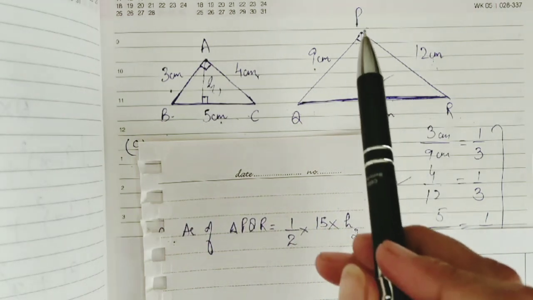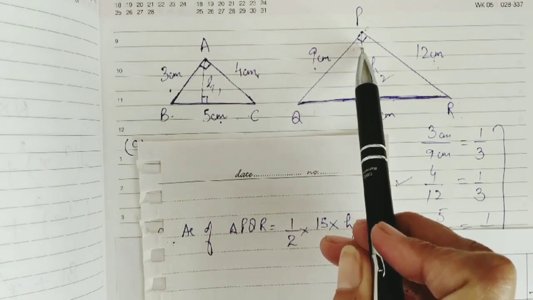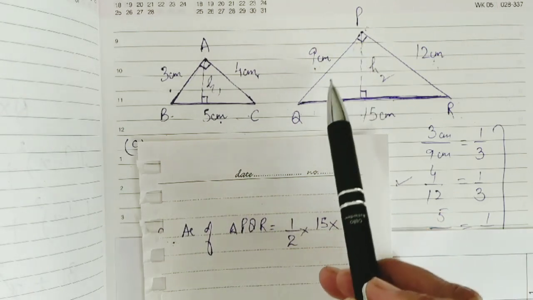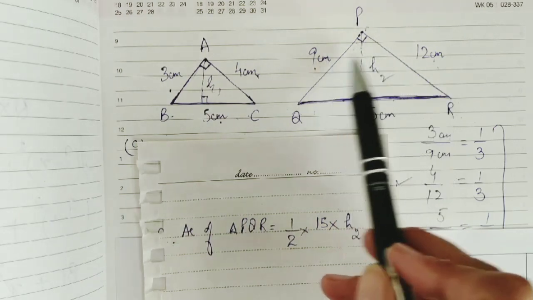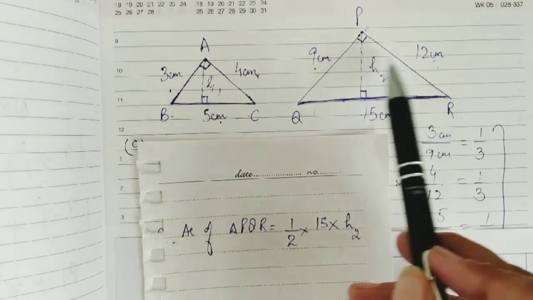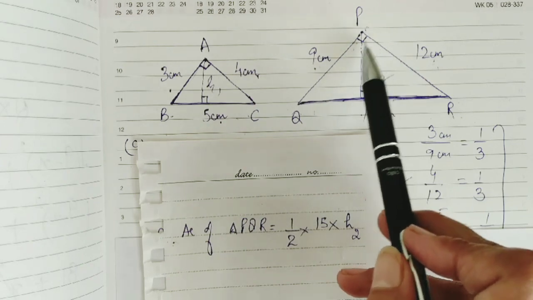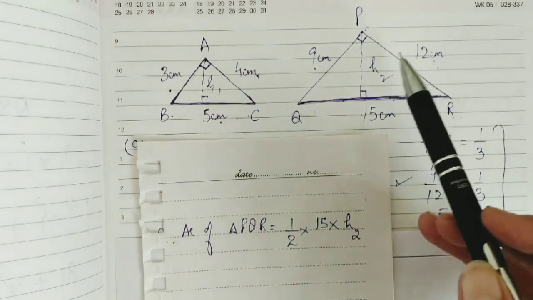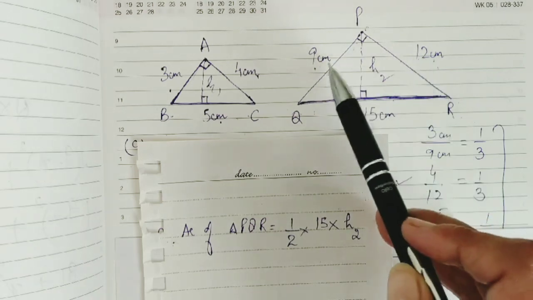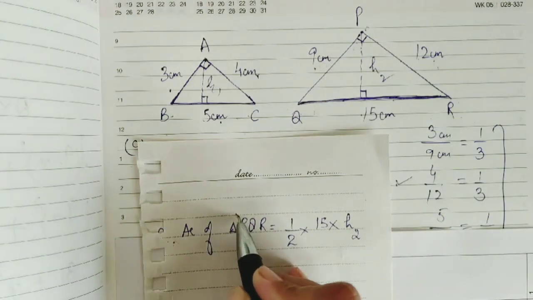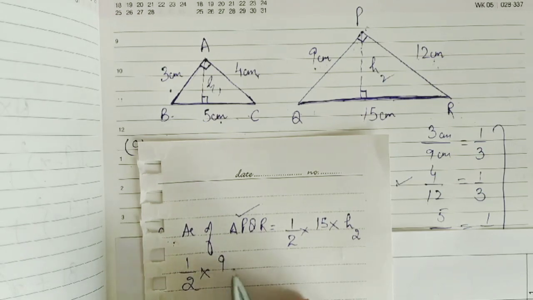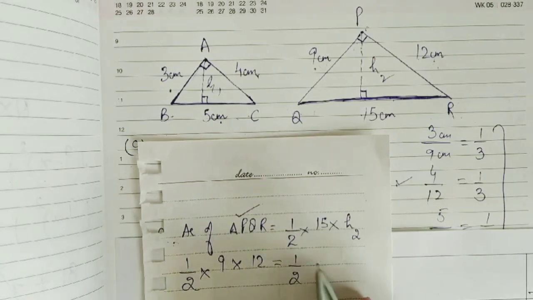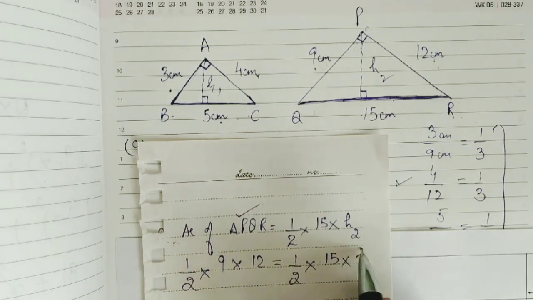But since it is a right angle triangle, its area can also be calculated by using this base, which is 9, and height, or vice versa, because these two sides which are formed between the right angle can be taken alternately. Either this can be taken as base or the other one. So the area of triangle PQR would be calculated by using this formula, half into 9 into 12, and this is equal to half into 15 into h2.